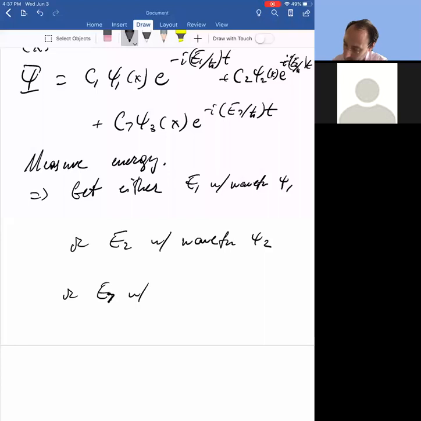By the way, this should be 7. Or E7 with wave function psi7.